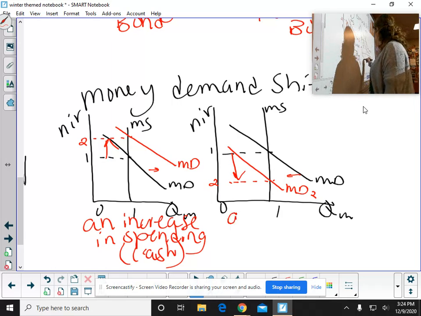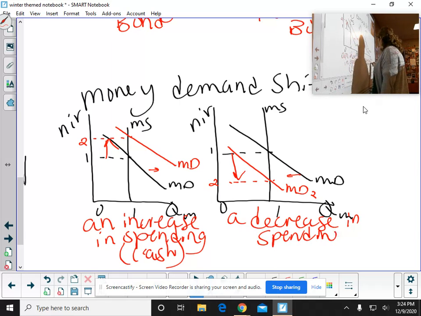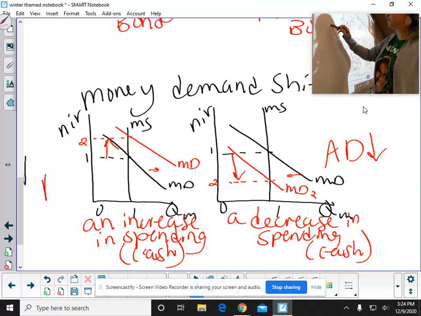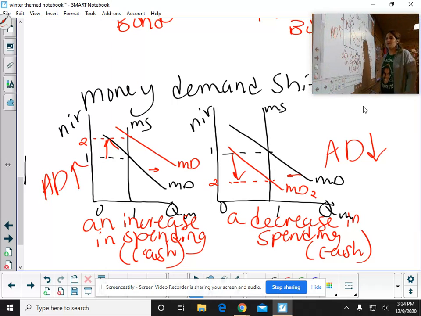So this is a decrease in spending, basically in cash. If aggregate demand decreases, so does money demand. If aggregate demand increases, so does money demand. So the aggregate demand shifters are the same things that shift money demand.